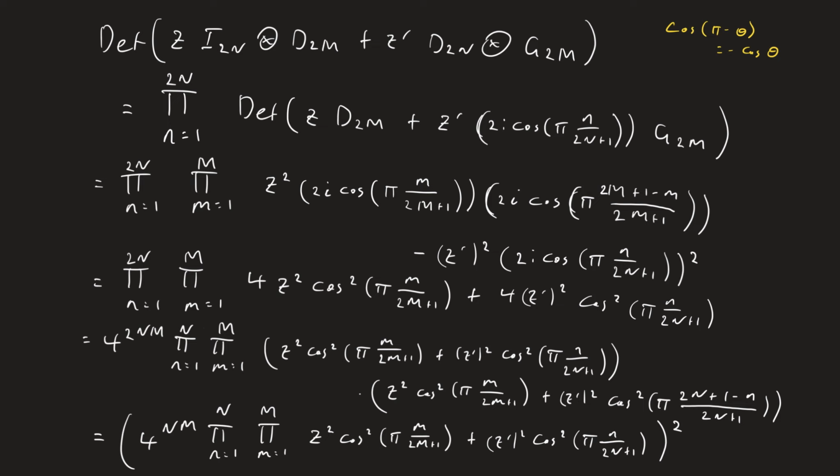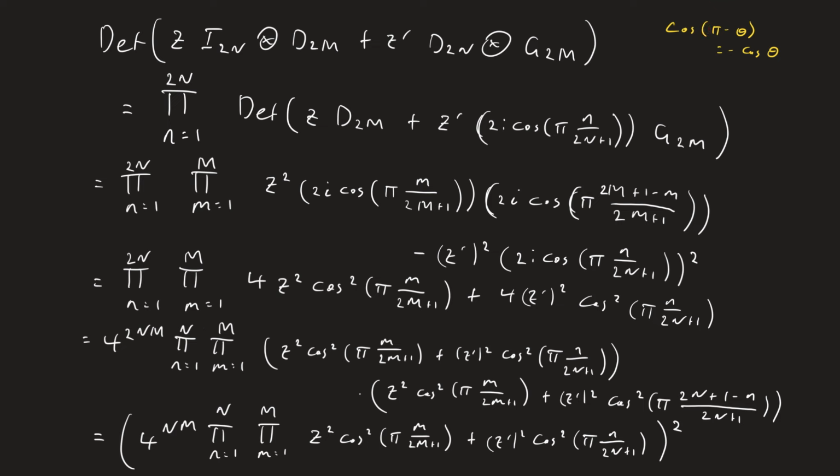Ultimately, we need to compute the Pfaffian, which is the square root of this determinant. So we want to try to write this expression here in terms of something squared, so we can take the square root easily. The trick is to recognize that as little n goes from 1 to 2 big N, this term here will be repeating values.